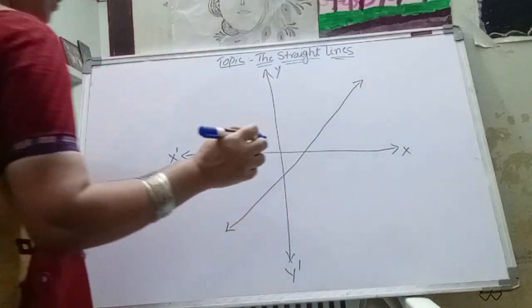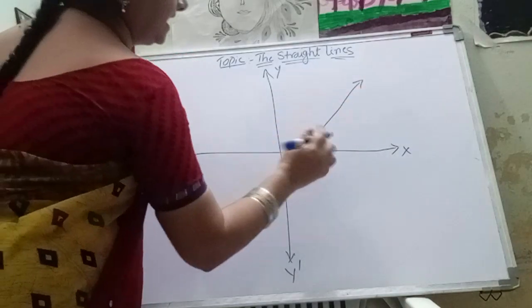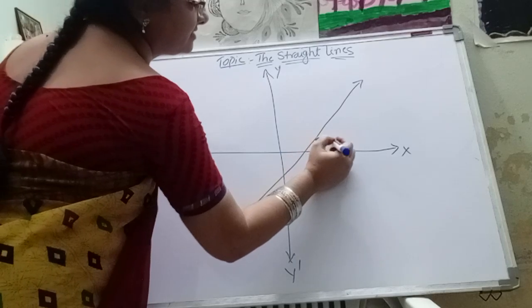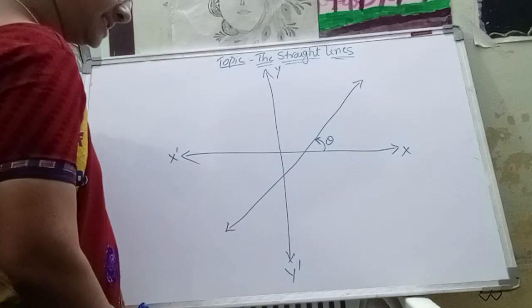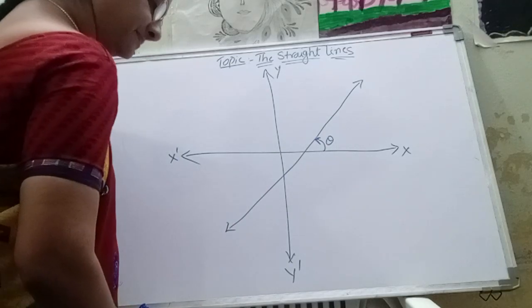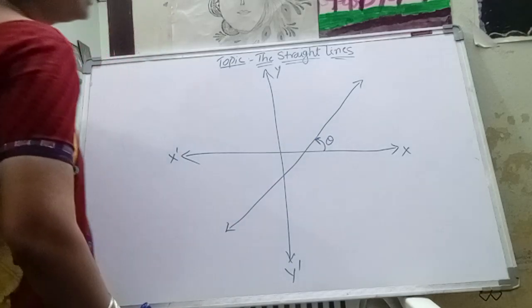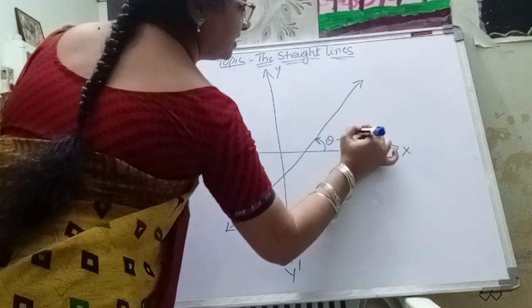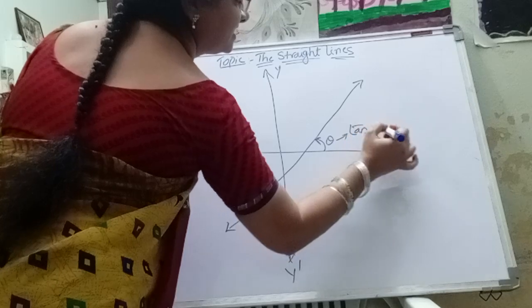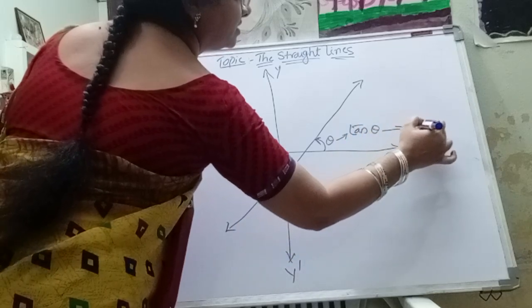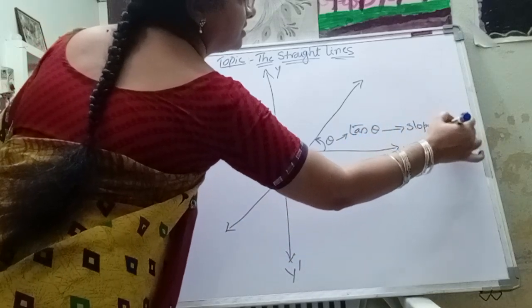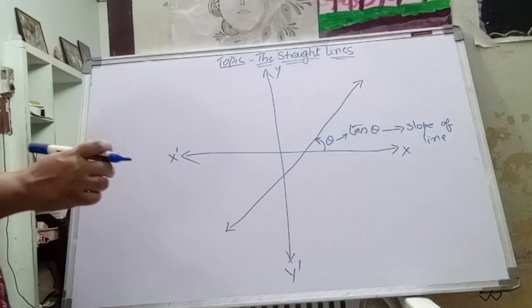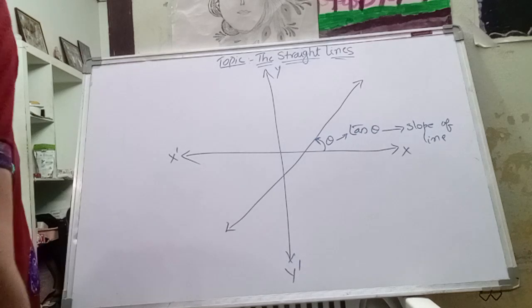Now if you observe, this line makes a positive angle theta, and tan theta is the slope of a non-vertical line.